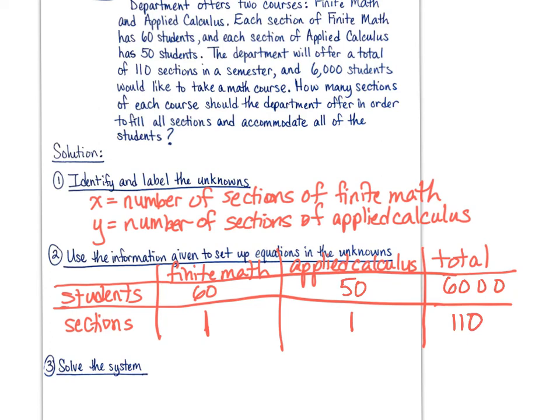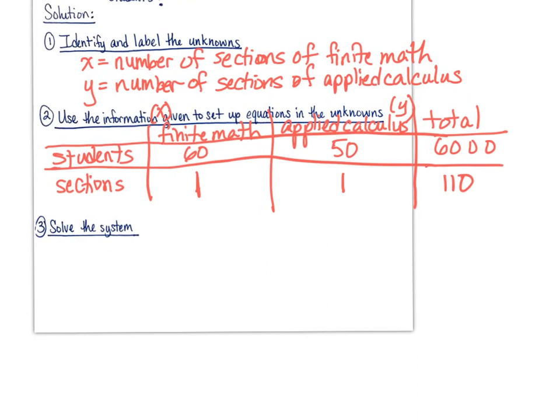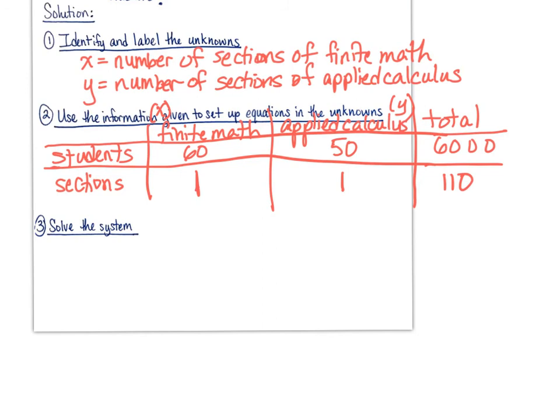So now we need to solve the system. Remember that finite math was represented by X, applied calculus was represented by Y. Okay? So now we're going to shift this up a little bit and we're going to set our system up. So we've already put all our information in our table. Let's write a system. Okay?